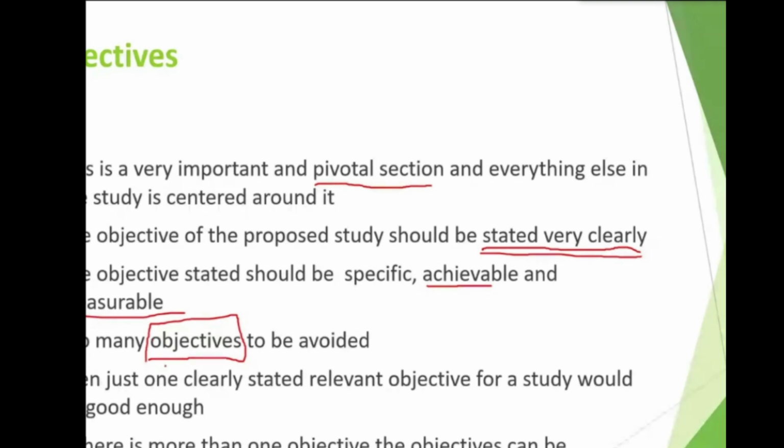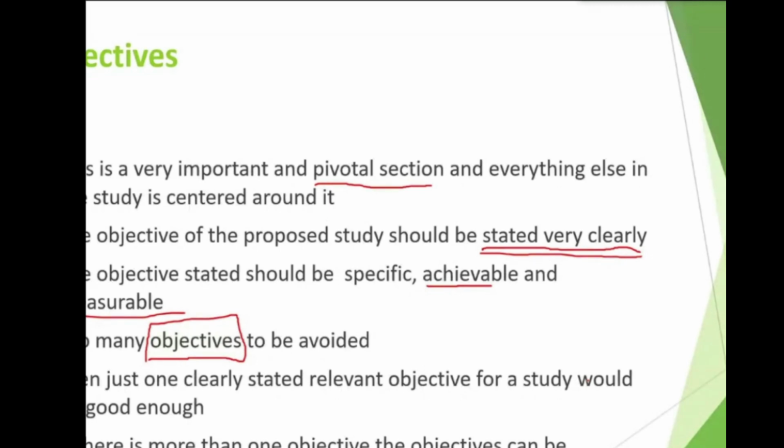So you can see here that even just one clearly stated relevant objective for a study would be good enough, but you have to be very clear to state that you want to know what is the finest particle that is available in matter, and this is what you want to study, and your objective is very clear.